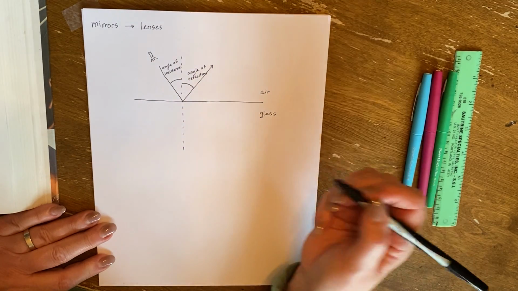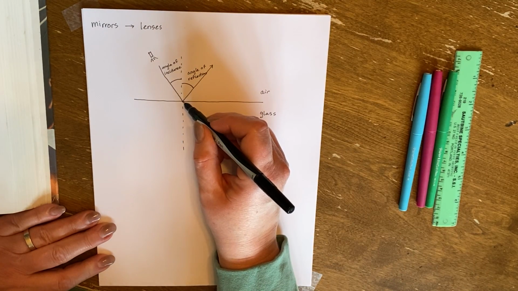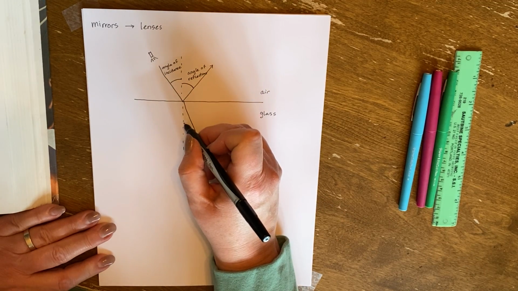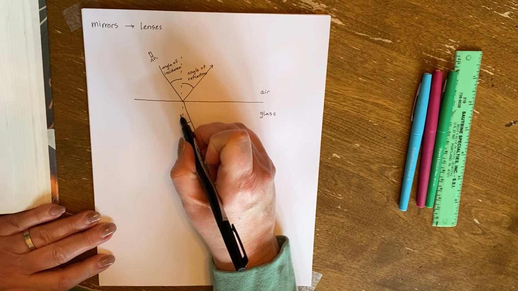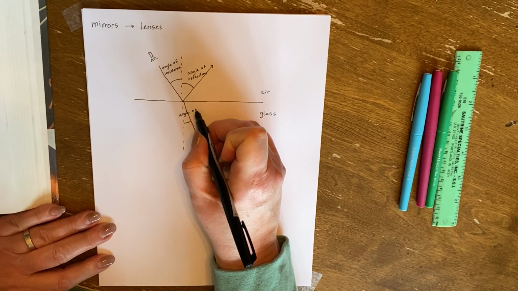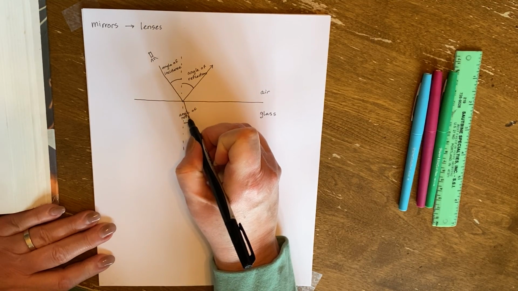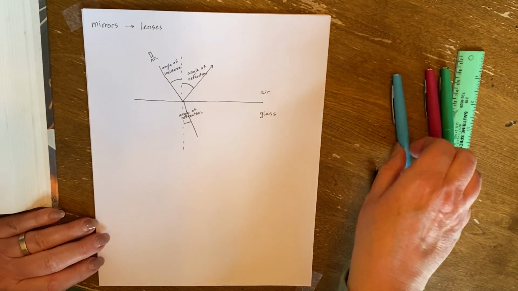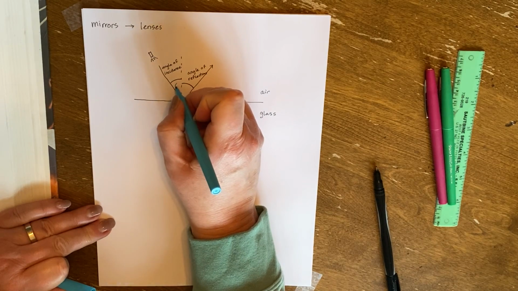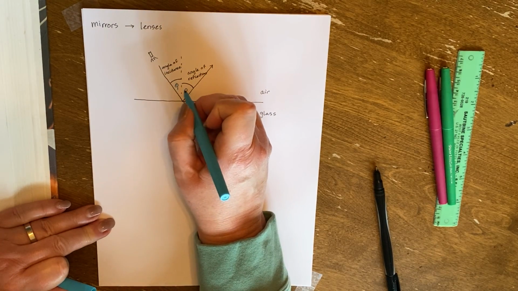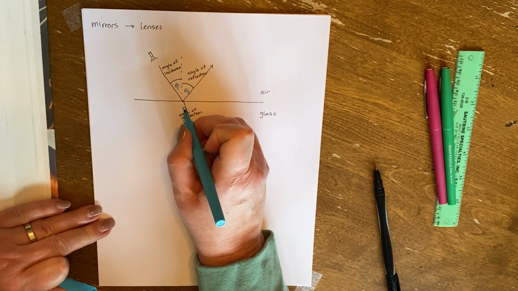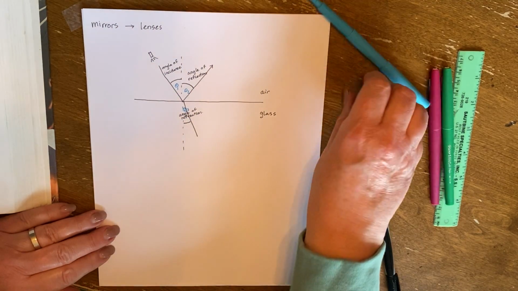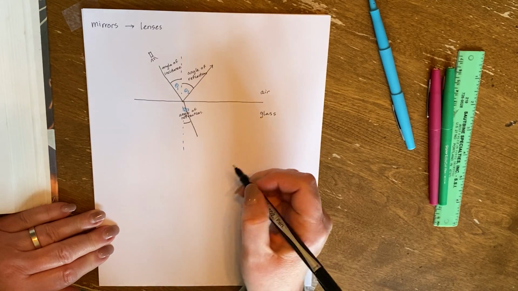But then as it encounters a different medium, if that medium is denser, this light is going to bend a bit, and this becomes our angle of refraction. If we name these angles, let's say this is theta 1, theta 2, this is theta 3. Should have made my drawing a little bit bigger.